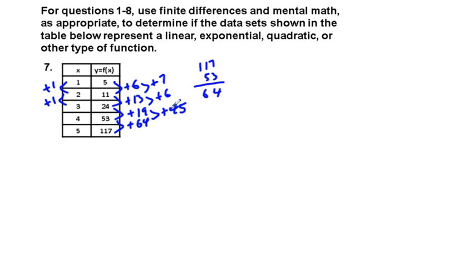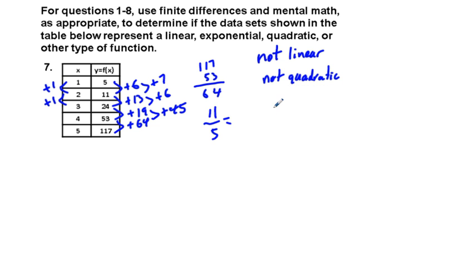Okay, so not quadratic either. So not linear. And second differences are not equal. Okay, not quadratic. And then finally, exponential. Do we have 11 over 5 for a common ratio?